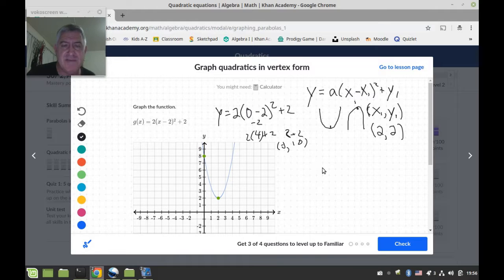So instead, we're going to find the x-intercepts, where y is equal to 0. Excuse me.